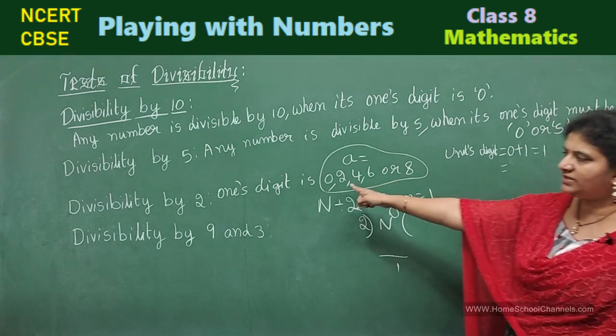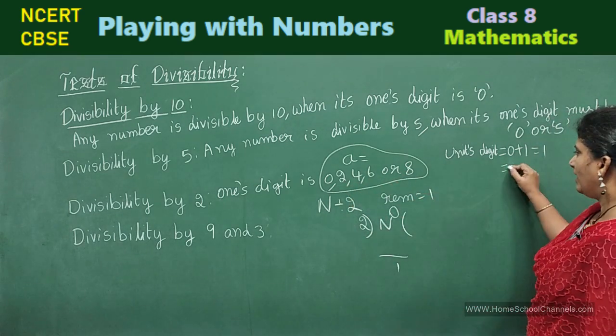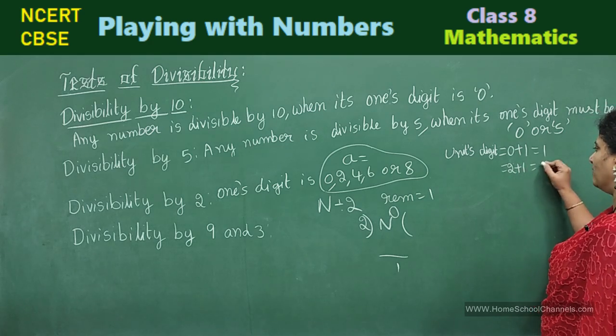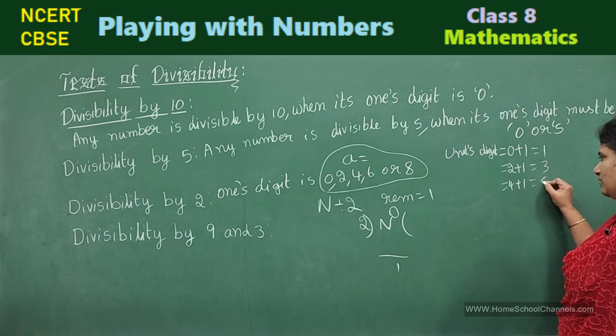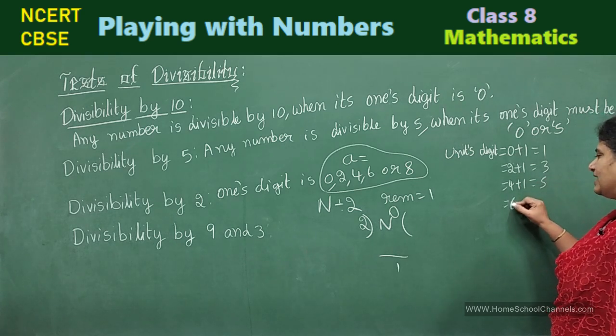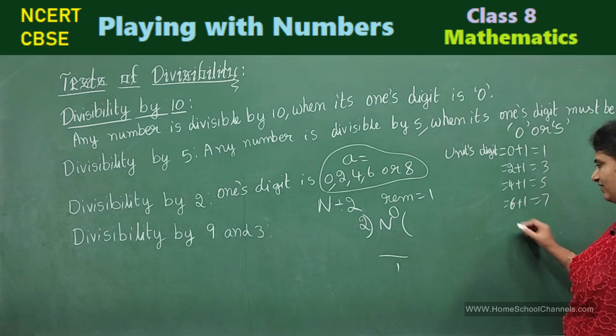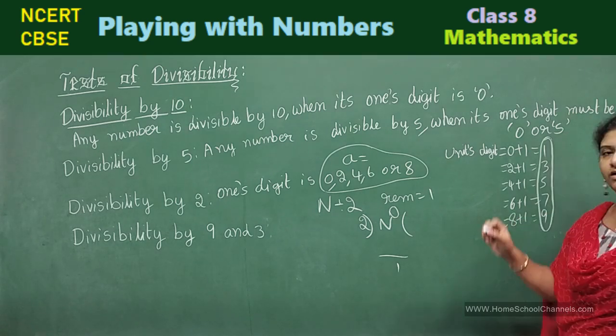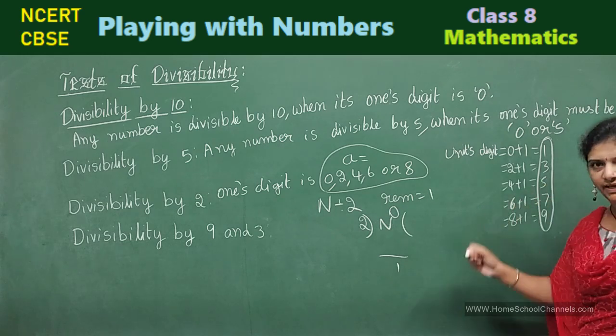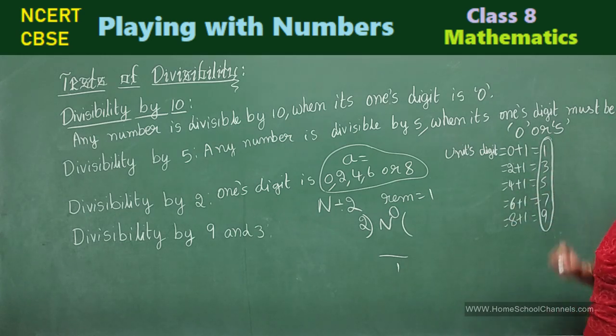If I take 2 and add remainder 1, it might be 3. Take 4, add 1, it might be 5. Take 6, add 1, 7. 8, add 1, it is 9. The units digit might be among these numbers.